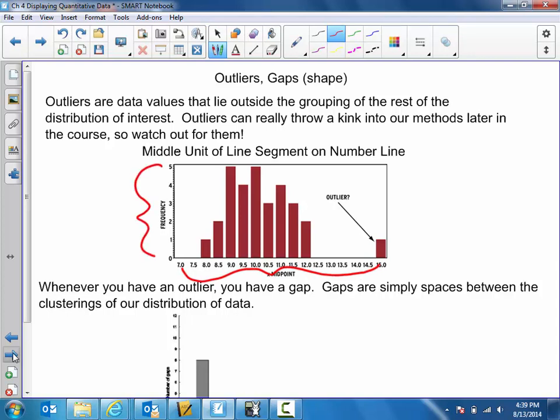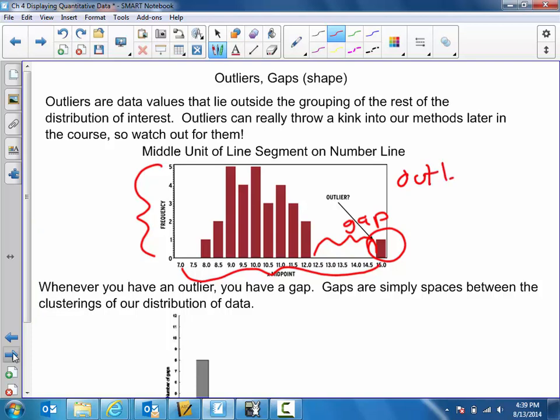You've got quantitative data cut into bins on the horizontal axis. You've got the frequency or the counts on the vertical. We've got that set up. You've got an outlier over here on the far right side, which is basically just a bin. It can be a couple of bins that are far removed from the main mass of the distribution. So you've got an outlier on the far right, and you've got a gap right here on the right as well.